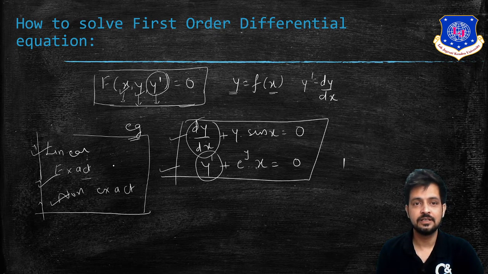Similarly, if the equation is in the exact form, first check whether it is exact or not, and if it is exact, then the solution of the exact differential equation is to be used, and for non-exact you have to use 4 different cases. So if any first order differential equation is there, you have to check whether it is linear, exact, non-exact, and follow a number of steps.